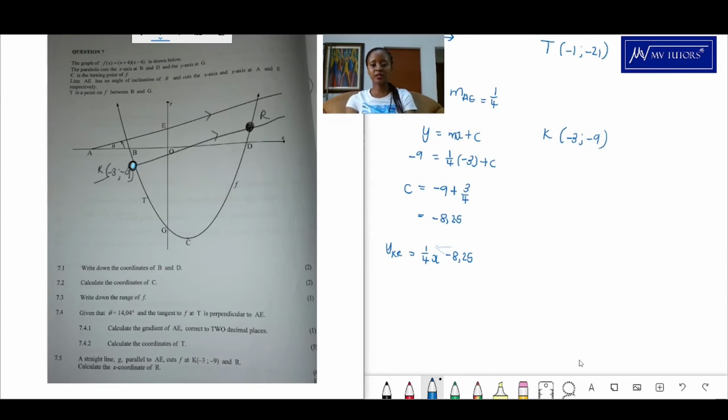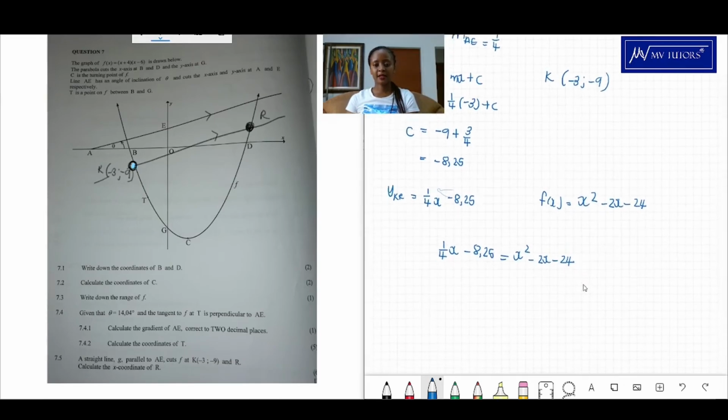Just to remind ourselves, what is f of x? If I remember correctly, it is x squared minus 2x minus 24. So I can equate these two equations. So I have a quarter x minus 8.25 is equal to x squared minus 2x minus 24.